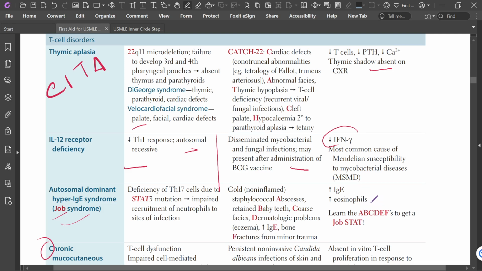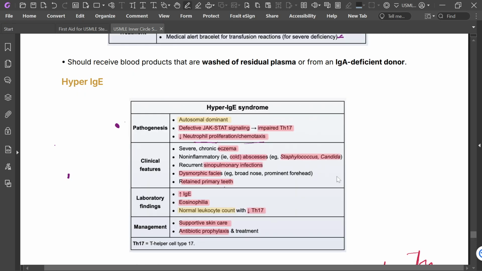Let's learn ABCDE to get a job, STAT. Increased IgE and increased eosinophils. Now look here, hyper IgE, autosomal dominant, defective JAK-STAT signaling, impaired T helper 17, decreased neutrophil proliferation and chemotaxis.